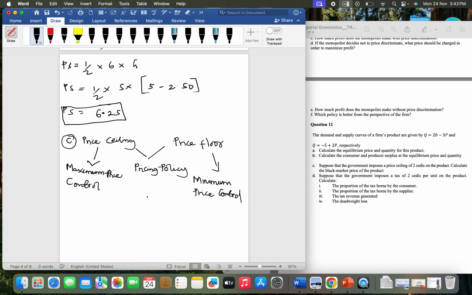Now, the effects. We have the effect of a price floor and the effect of a price ceiling. The effect of a price ceiling is what we call the shortage, or the black market, or the deadweight loss.